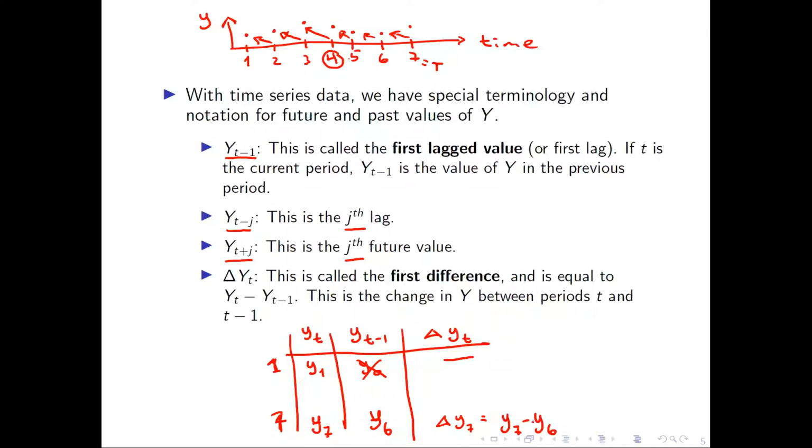So you would get one less observation if you calculate the first difference.